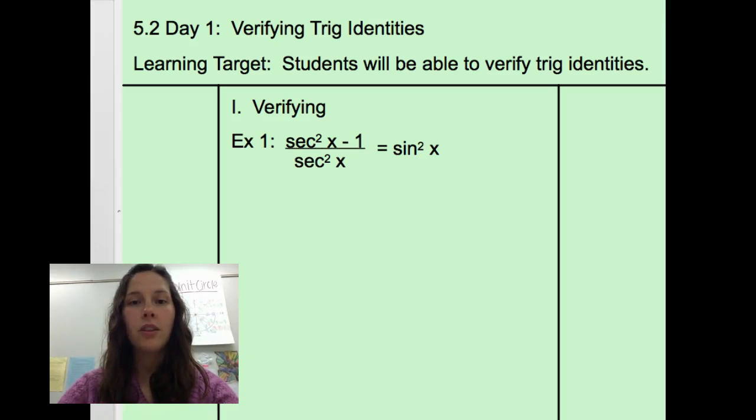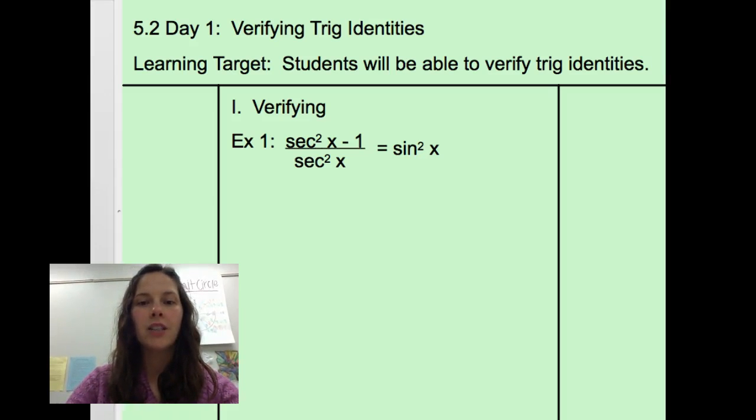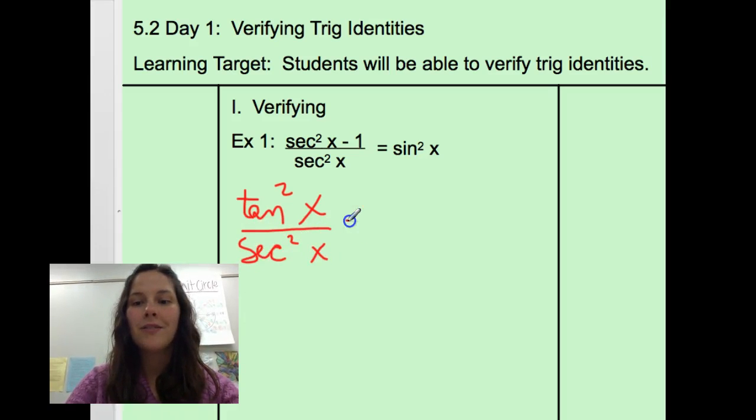All right, so starting with our first expression and using our Pythagorean identity for tangent squared equals secant squared minus 1, I'm going to rewrite that numerator. I'm going to leave the denominator alone for now. And what we're going to do is divide our fractions using our property of division.